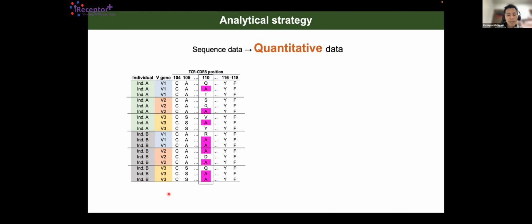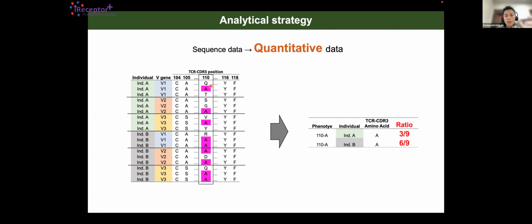Obviously, the primary information of TCR sequencing is a bunch of CDR3 sequence data, and the sequence data itself is a bit difficult to handle in a genetic association study. So we need to do something to run genetic tests. This is my strategy, and it's very simple. When I focus on one specific position, let's say position 110 of CDR3, I convert the sequences into simple amino acid ratio data.